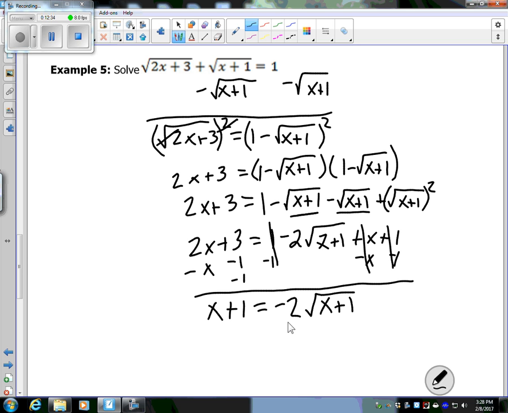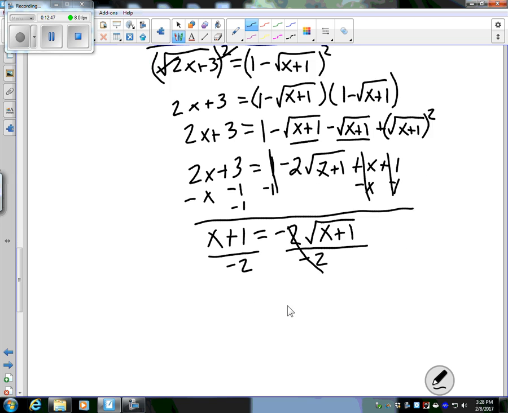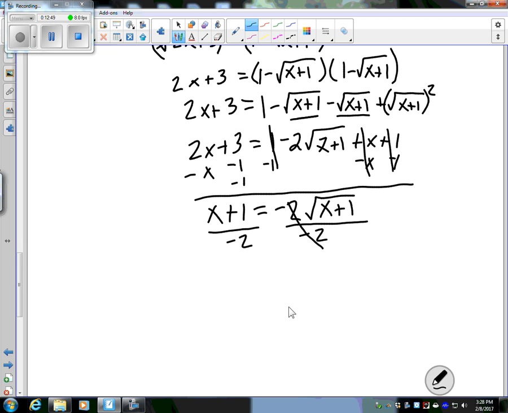So now we can divide by negative 2. Divide by negative 2. And then you have x plus 1 over negative 2 equals the square root of x plus 1. Now this radical is isolated.